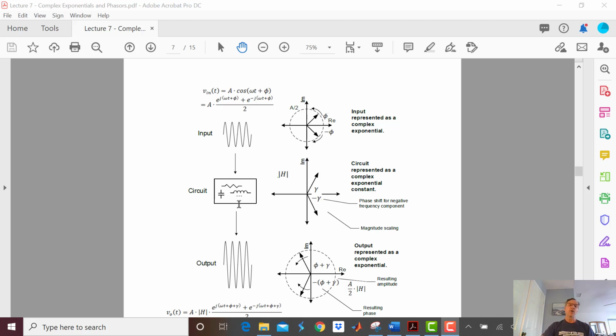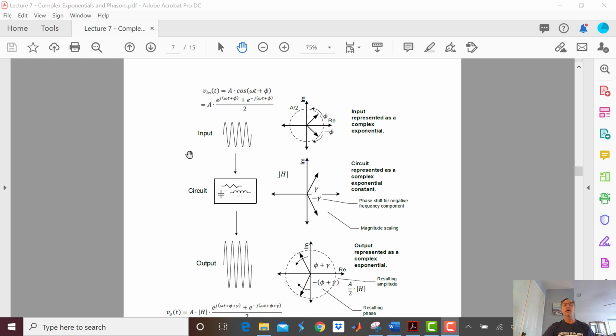And the output of the circuit is going to be a sine wave scaled in amplitude but shifted in phase, at the exact same frequency that went in. That's a property of linear circuits.